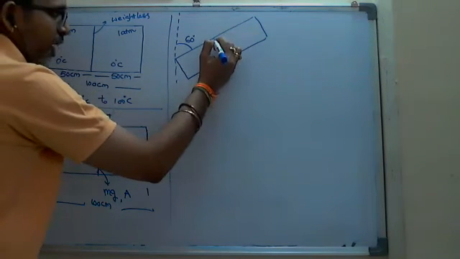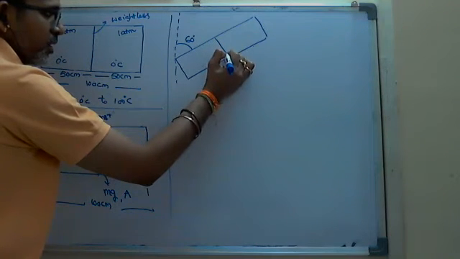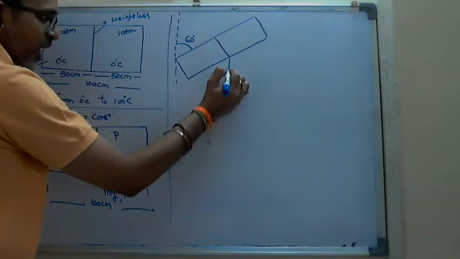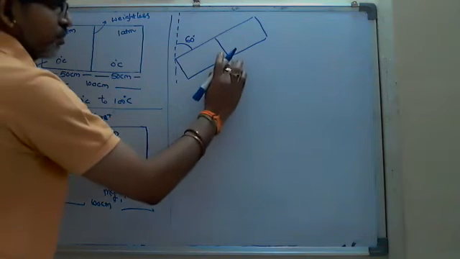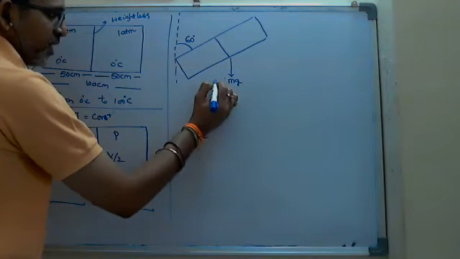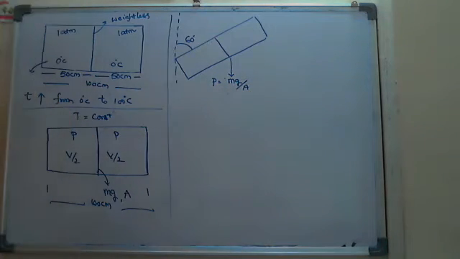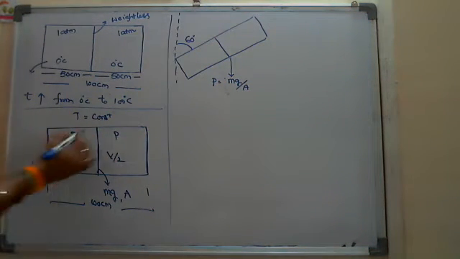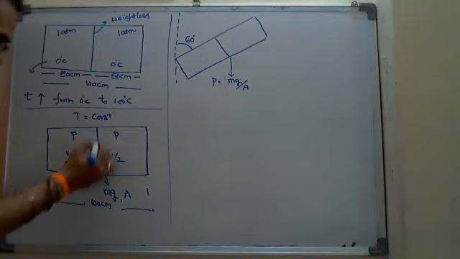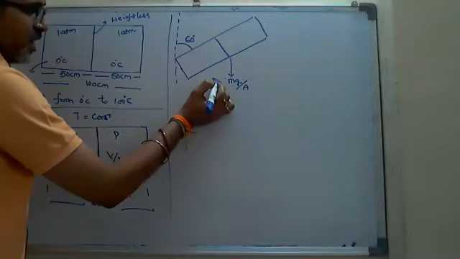Here, the weight of the piston acts vertically downwards. That weight creates some pressure, which is equal to force by area, as all of you know. So if they give the weight of the piston, that pressure acts here.